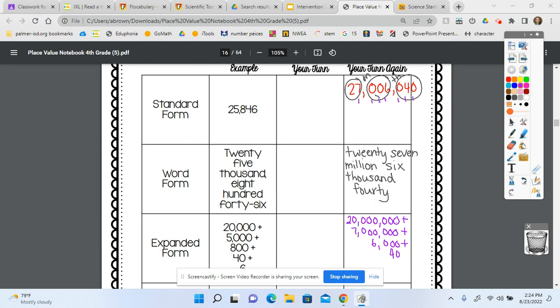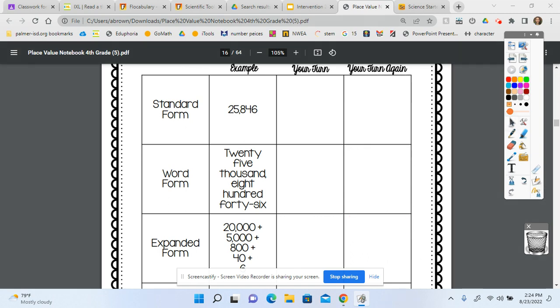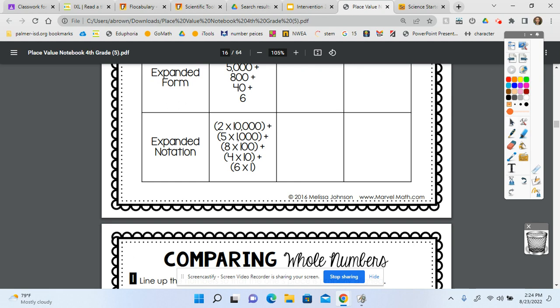Okay. Again, pause that video again. Try to do the expanded notation on your own. And when you're ready, unpause the video so you can see my answer to that. Okay. So for the expanded notation, you're going to have 2 times the place that the 2 is in. That is the 10.